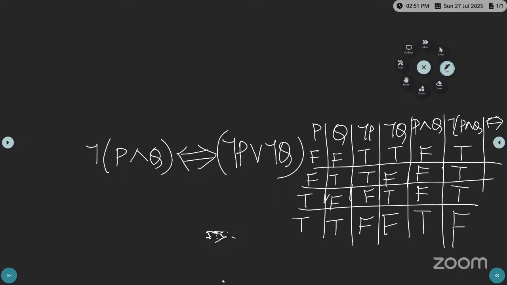First of all, for this I should get the answer. Negation or negation, this will become true. This is true. This is true. And this is false. So this is true and true is true. True and true is true. This is true. False and false is true. So if all of them are true, what is the answer? Tautology. Clear? If all the values are true, then it is called a tautology.